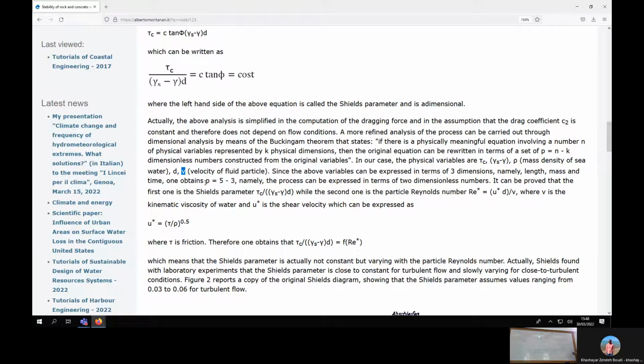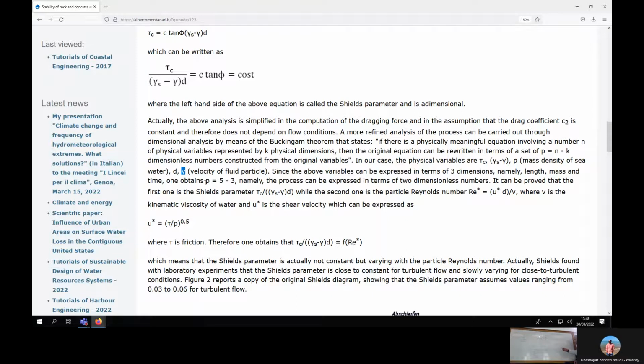Okay, and then if you remove the stars, this would be the Reynolds number for fluid flow, where rho would be, if it is water, the mass density of water. D is a characteristic dimension of the conduit, of the pipe, for instance, it can be the diameter. And then U would be the velocity of the water in the pipe, and nu is the kinematic viscosity of water. Yes, it's kinematic viscosity.